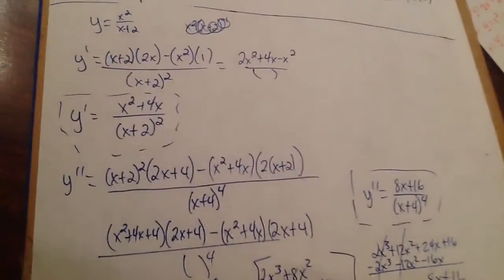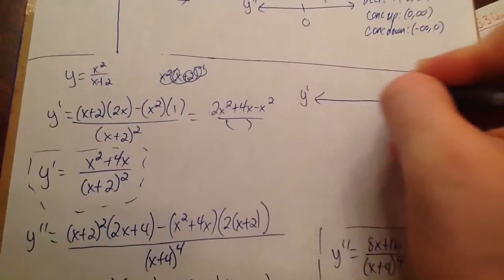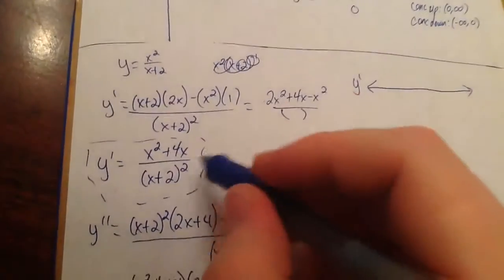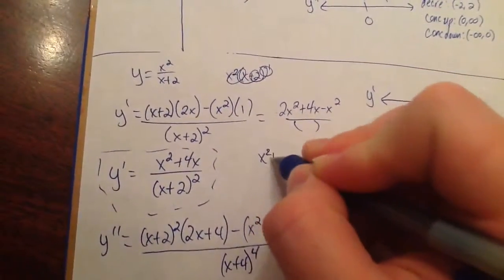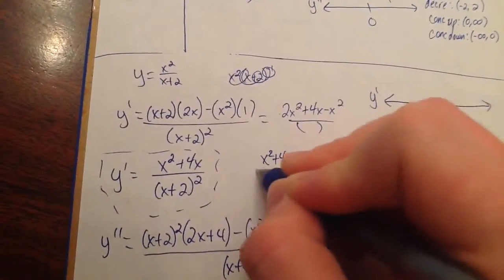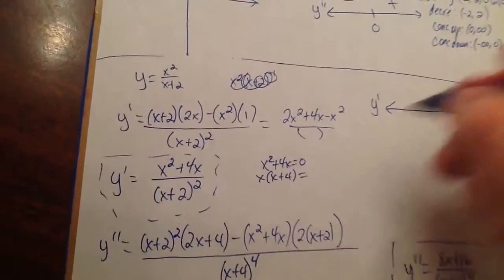So now, answer all the questions. Let's see, first derivative, number line. Oh, we gotta get our extrema, so critical points where that equals 0, so x squared plus 4x equals 0, factor out an x, x plus 4, so x equals 0 and negative 4.